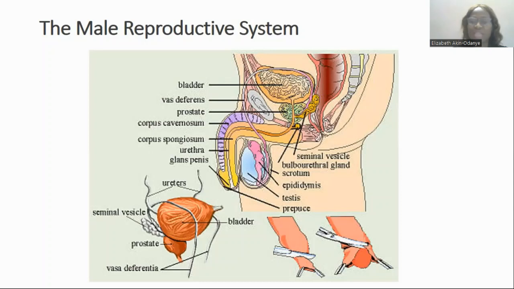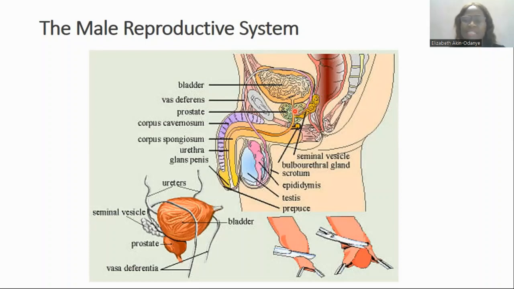So the initial segment of the urethra is surrounded by the prostate gland. This is the urethra, like we said earlier. Now, this is the prostate gland. And so at the initial segment of the urethra, we find the prostate gland sort of encasing the urethra.